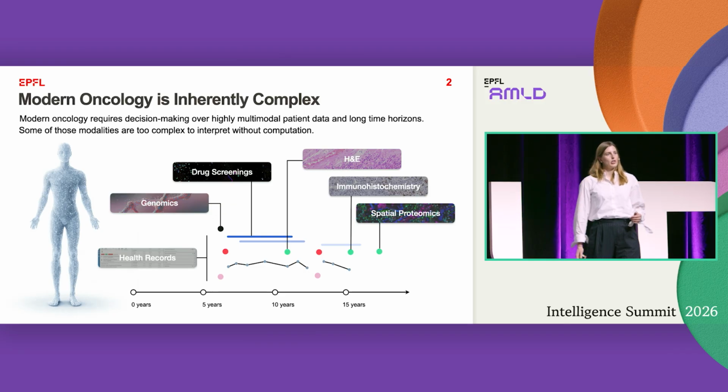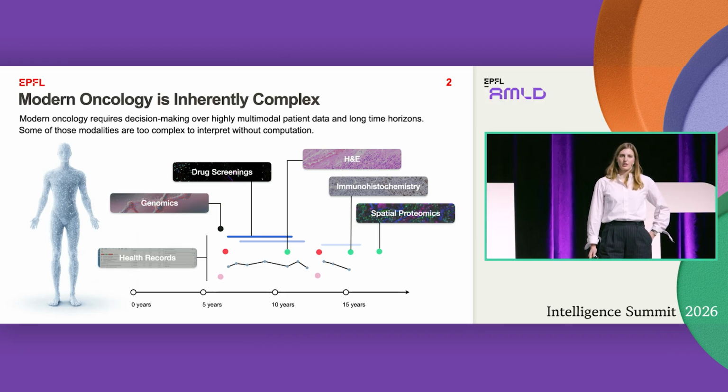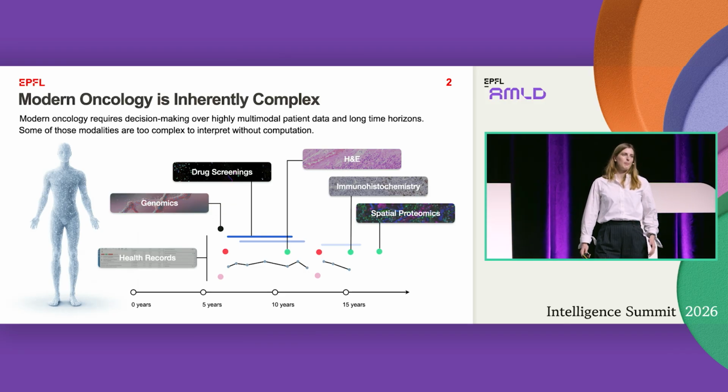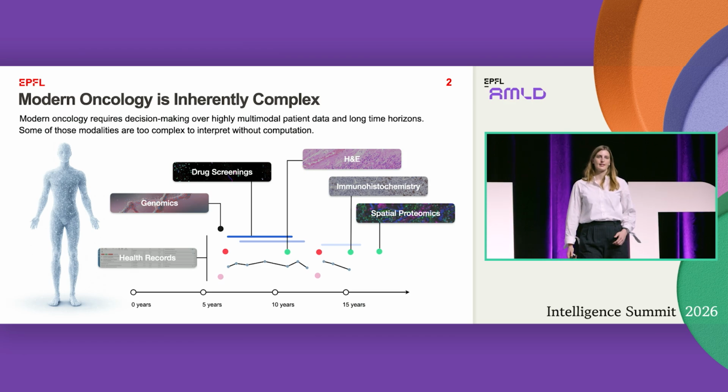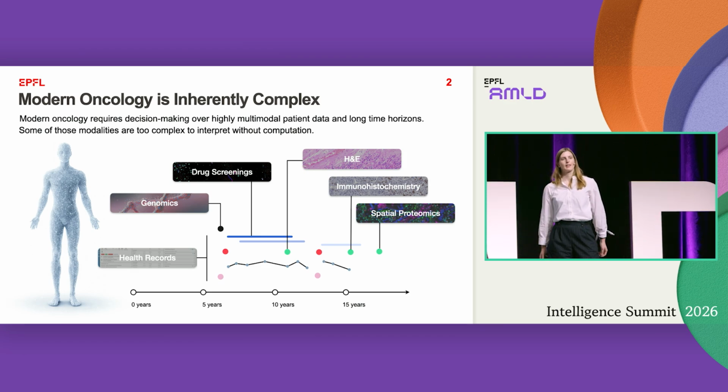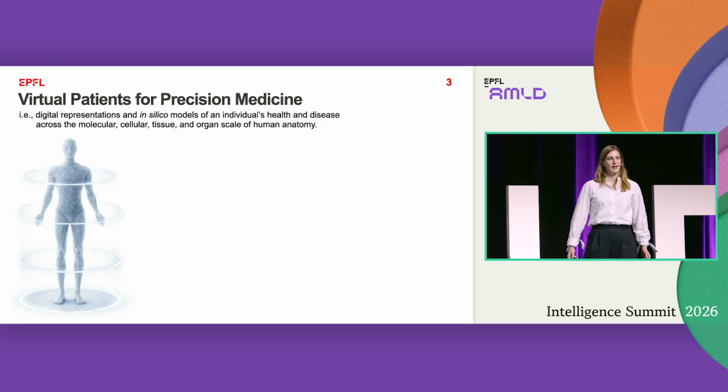And in the case of oncology, of course, we are looking at tissue data. So we have routine histopathology, but by now we also have assays that give us incredible molecular depth into a patient's tissue, spatial omics. And this is simply too much for a single human mind to comprehend.